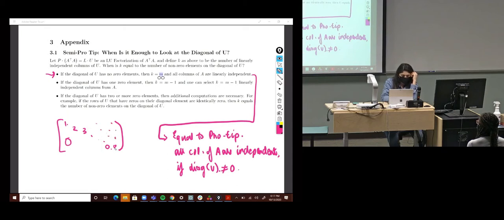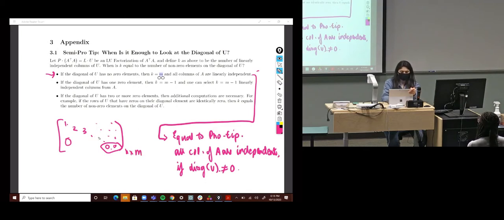We look at this last term on the diagonal, and this is some N cross M matrix, with M columns.